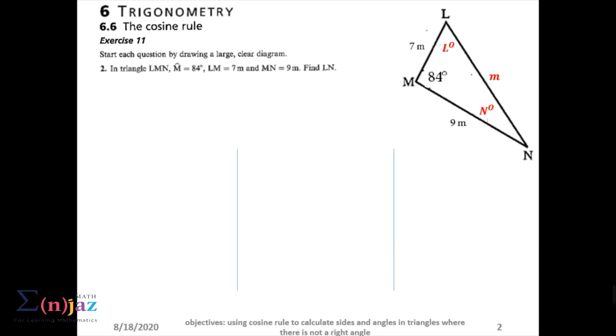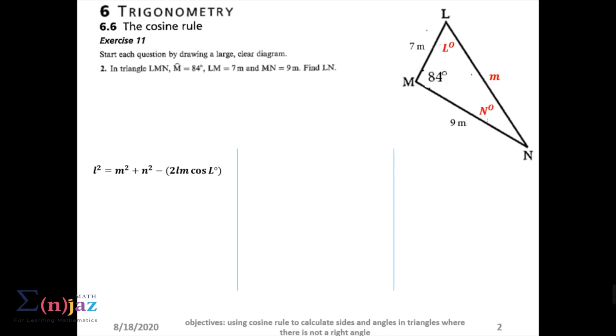Like I mentioned before, we write the cosine rule. We start with L and then M and then N. So we're going to start with L squared is equal to, and in the middle M squared is equal to, and in the last column N squared is equal to, and it's going to be as follows. L squared is equal to, what are the other two sides?